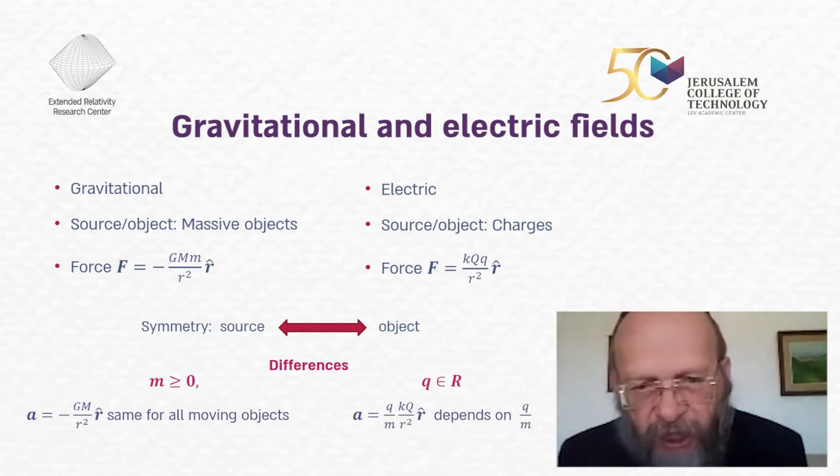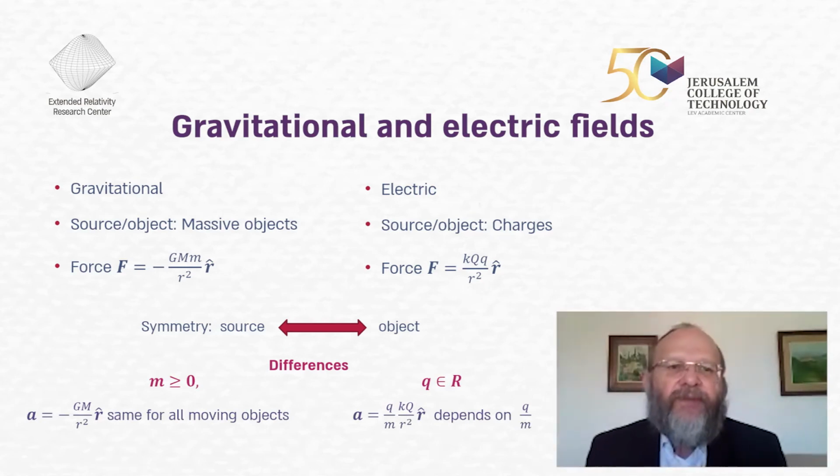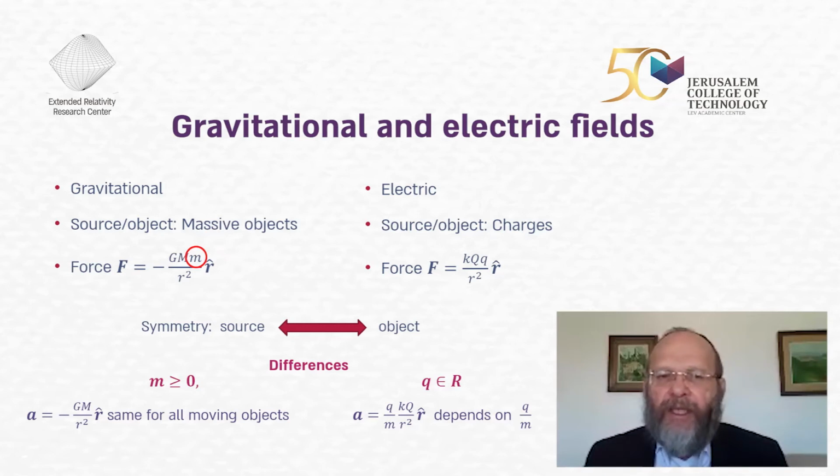What is interesting for the gravitational field: if you put in now Newton's second law, F equals ma. Since we see here also the m, the mass of the object, the m will cancel out, and you'll get a equals G M over r squared r hat. That means the acceleration generated by the gravitational field is the same for all objects.